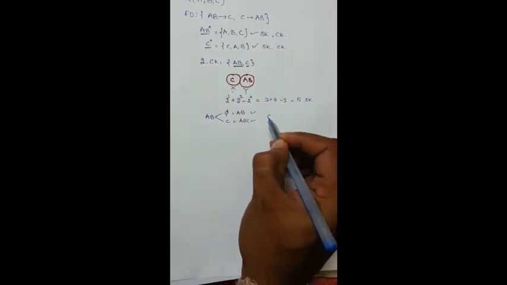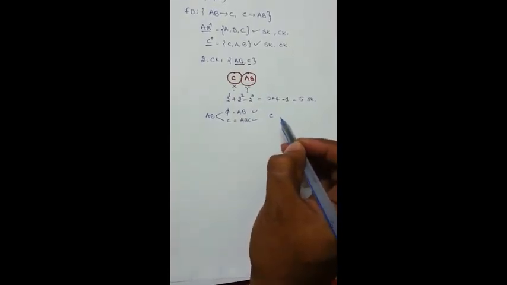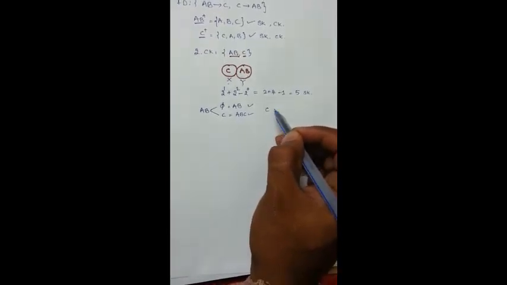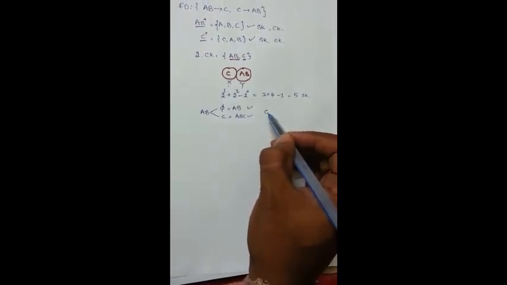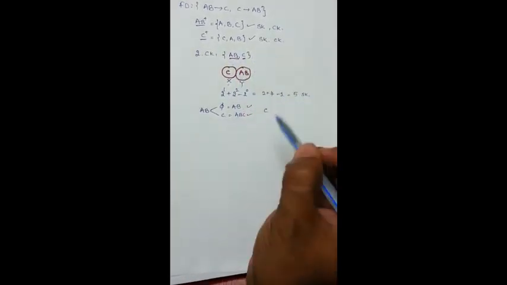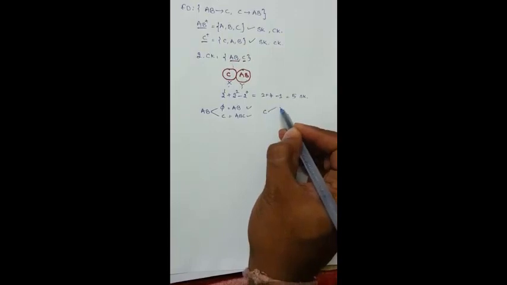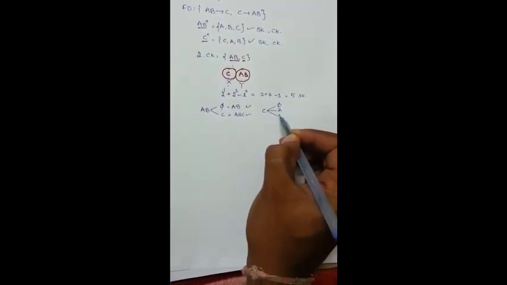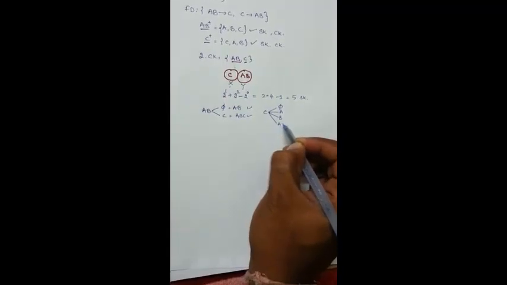If you consider C as a candidate key, the candidate key with all the other possible sets of attributes is called a super key. Now if C is a candidate key, the possible set of attributes is AB. Now AB can appear in 4 combinations like phi, A, B and AB.